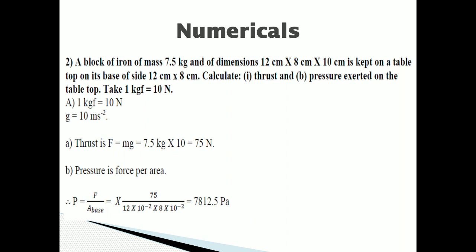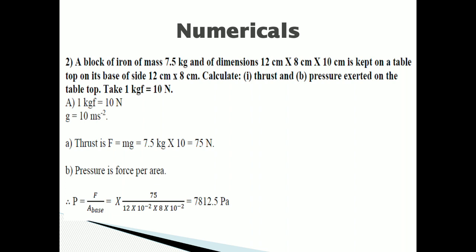Now we have to calculate pressure. We know that pressure is force upon area or thrust upon area. We have already calculated thrust in the previous step. So pressure can be written as 75 upon area. Now for area, whatever dimension is towards the base, we have to take that.